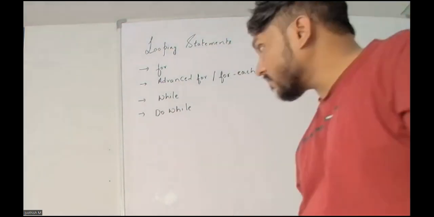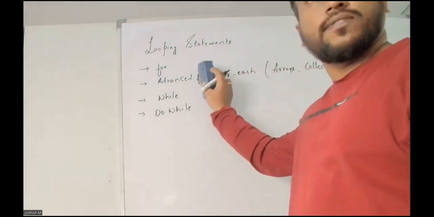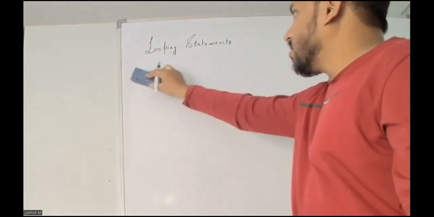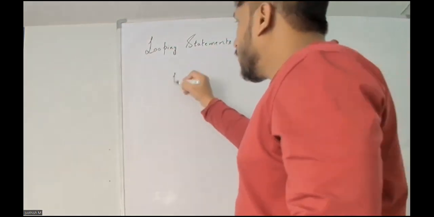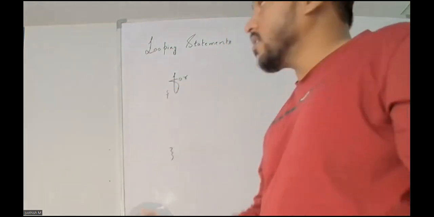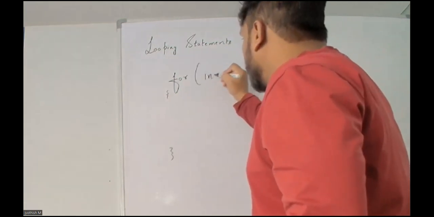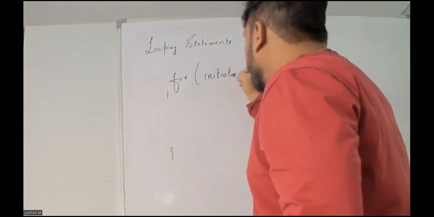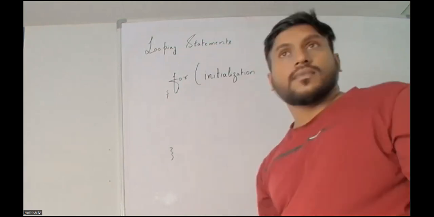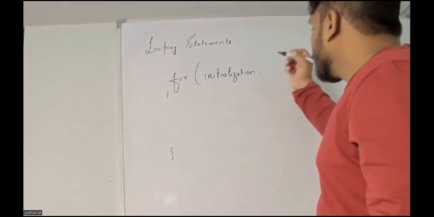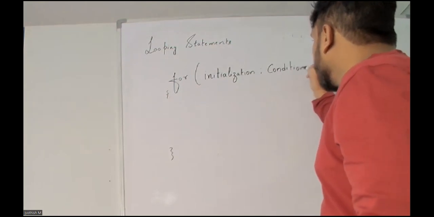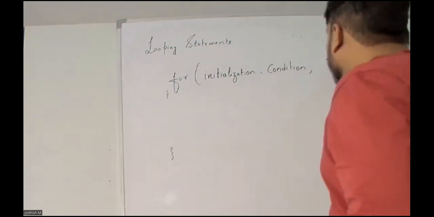Done? Now let us take the syntax of the for loop. One by one we'll go. For loop: for we have a block. First we do initialization, condition, iteration.